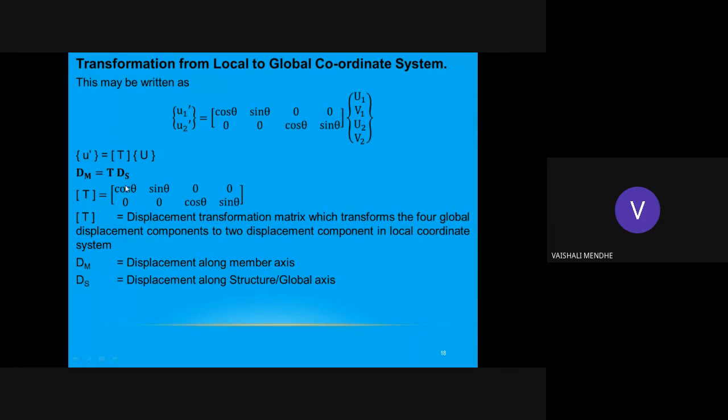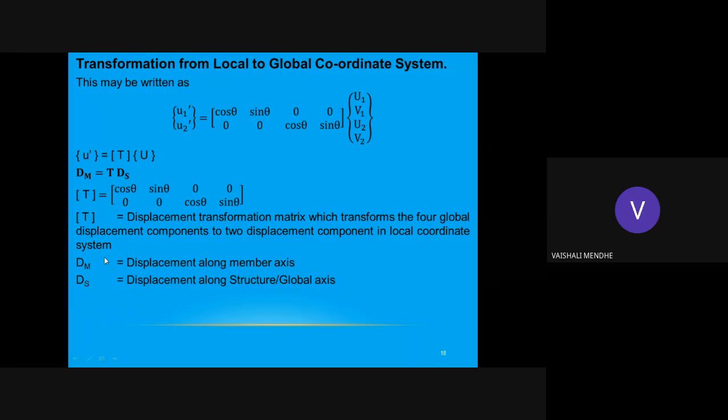Now from this relation, what is your transformation matrix? That is denoted by T, which is nothing but this matrix cos theta sin theta 0 0, 0 0 cos theta sin theta. So T is the displacement transformation matrix, which transforms the 4 global displacement components to 2 displacement components in a local coordinate system.